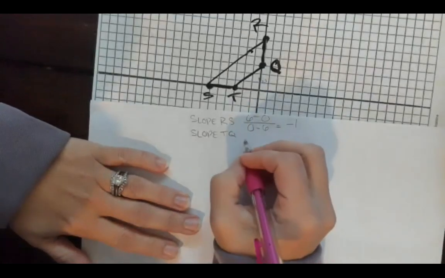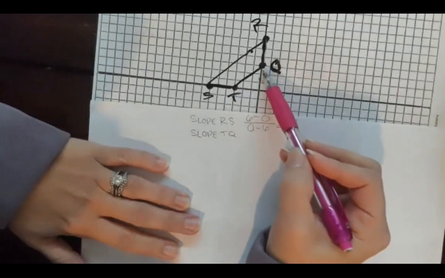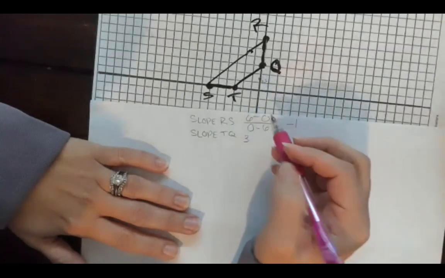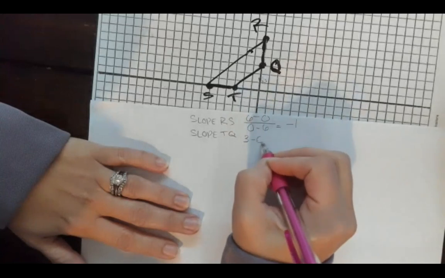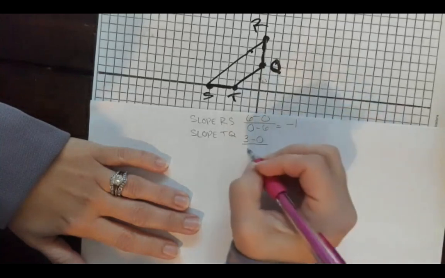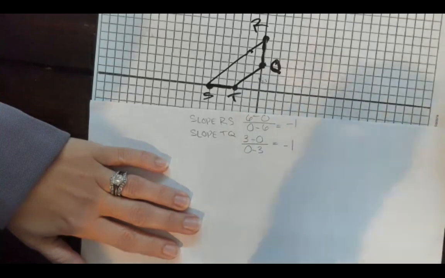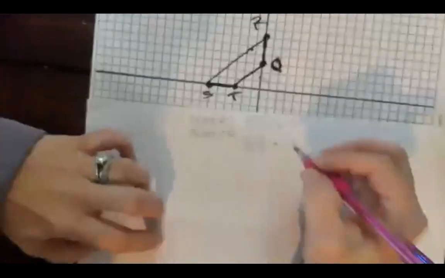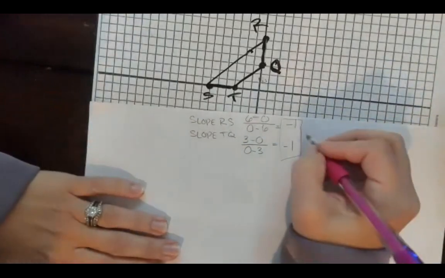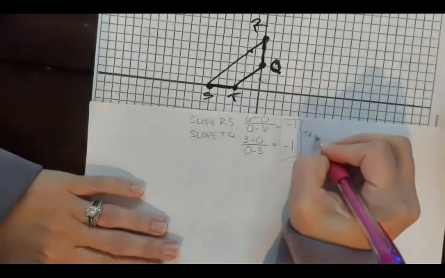All right, so let's do our slope of QT. My Y value for Q is 3, my Y value for T is 0, my X value for Q is 0, and my X value for T is -3. Okay, so that shows that your slopes are the same. And then you can say parallel. So this proves that it is a trapezoid.